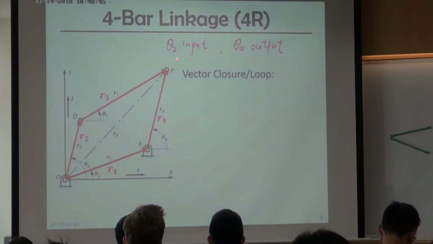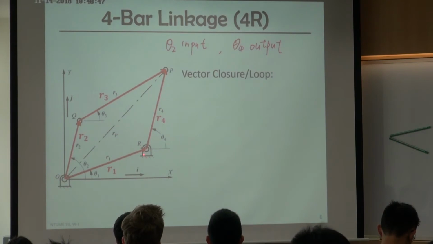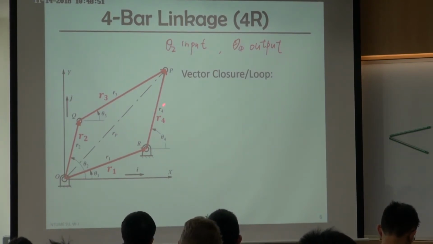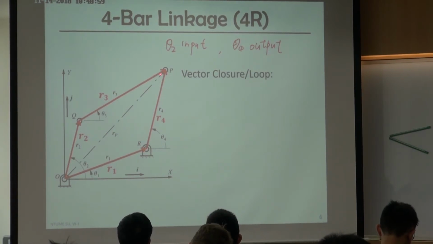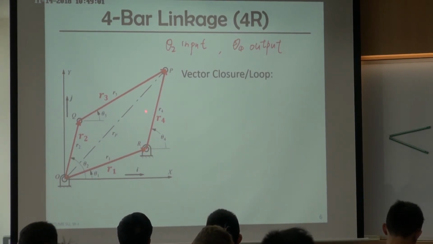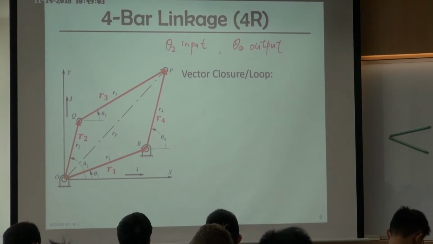So we need to make sure those vectors include the information of theta 2 and theta 4. I think it's quite straightforward. You just follow all four links and draw the vectors. The direction of the vector is actually not so important.